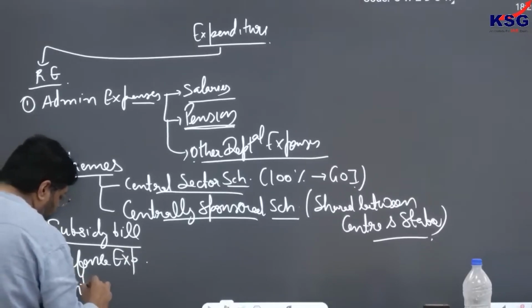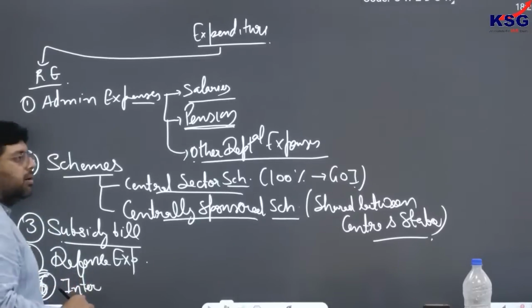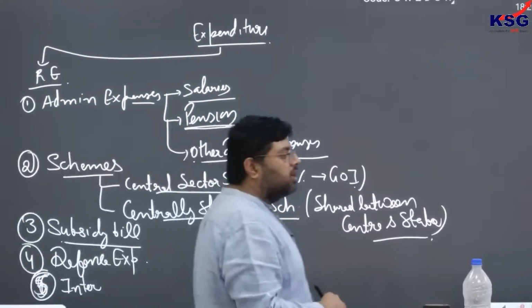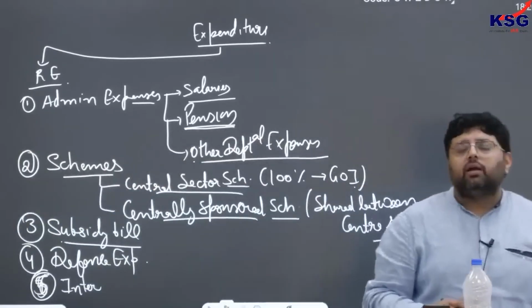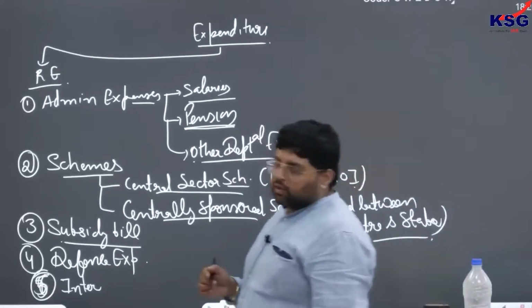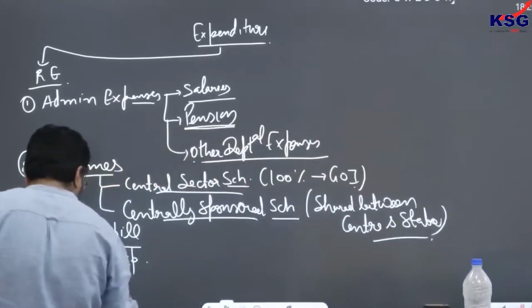So we have seen that in capital receipt, government used to take the loan also or borrowing. So whatever loan or borrowing they have taken, for that they have given, you can say, interest payment.